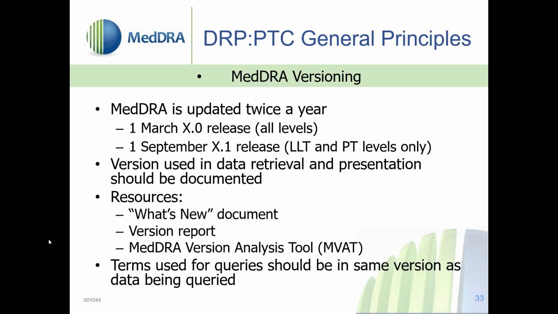It shows that PTs might have got more linkages, new secondary HLTs. It shows primary SOC changes and so on. In addition to this, all MedDRA license holders have access to the MedDRA version analysis tool, which is a very easy to use tool, and we look at this in the next few minutes.